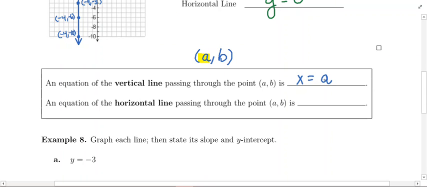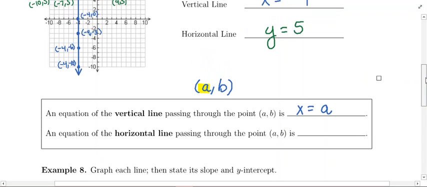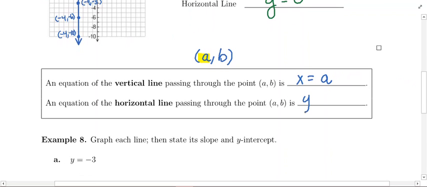If instead you are trying to write down the equation of the horizontal line passing through the point (a, b), since it's horizontal, it's going to be y equals, and the number on the right side, since we're dealing with y, is going to be the y coordinate. So it will be y equals b.